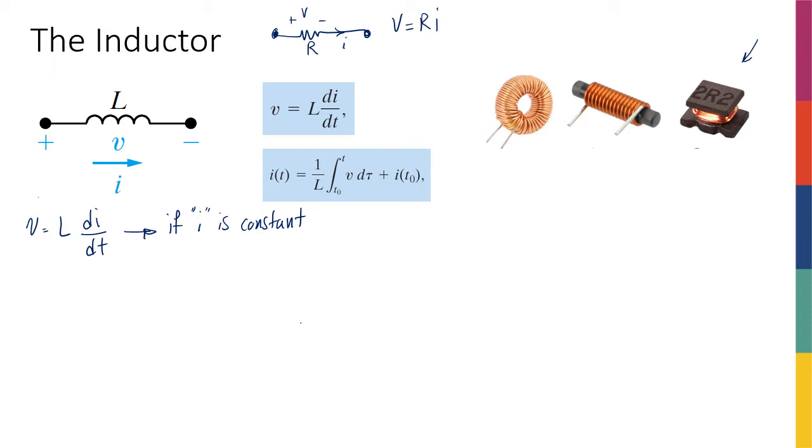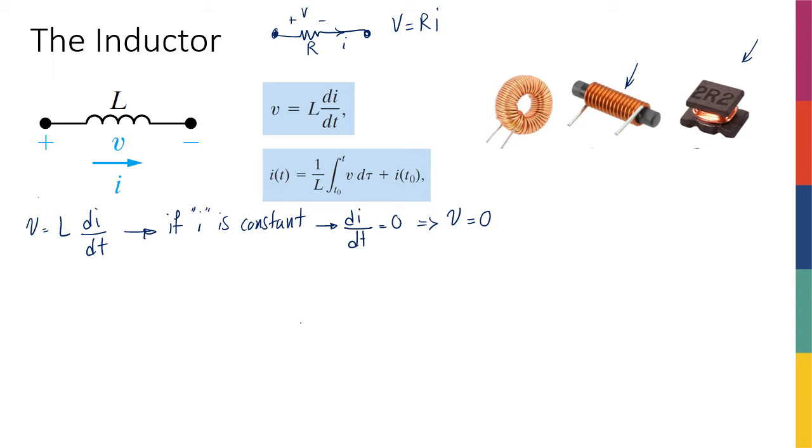The moment that I know the current is constant, I know that di over dt is going to be what? It's going to be 0, right? The derivative of a constant value is 0. Therefore, no matter what the inductance L is, my V is going to be 0, okay? So it doesn't really matter if I have 1,000 turns here, or 1,000,000 turns, or the thickness of this metal.